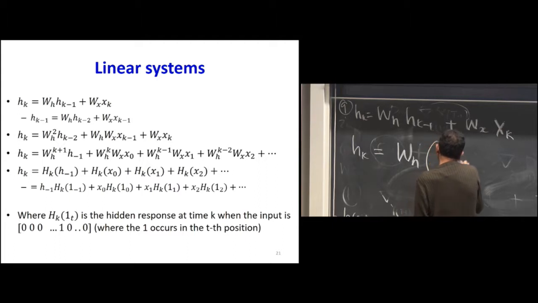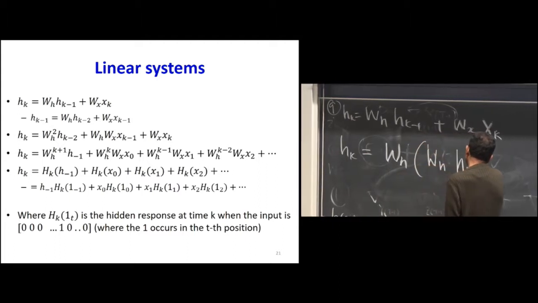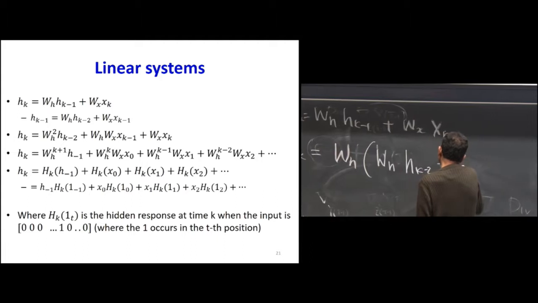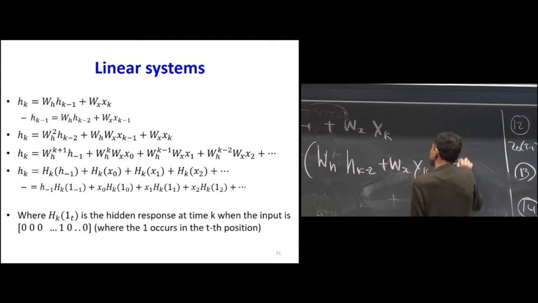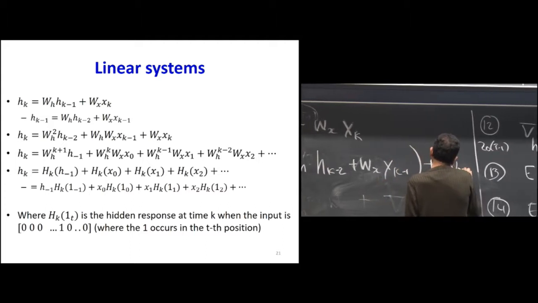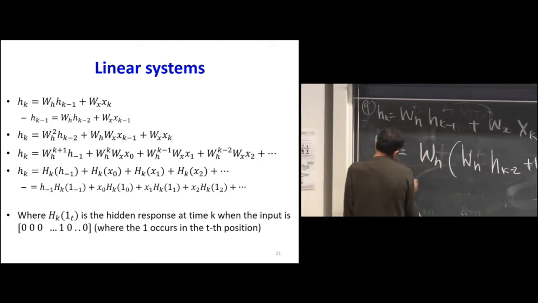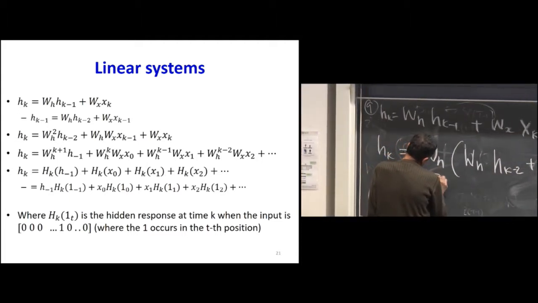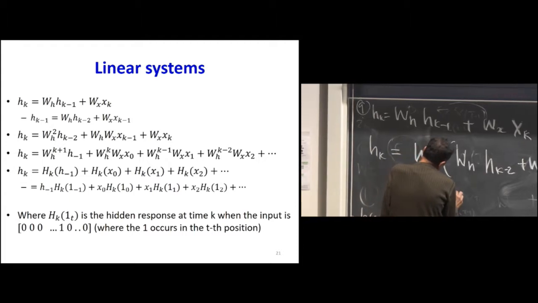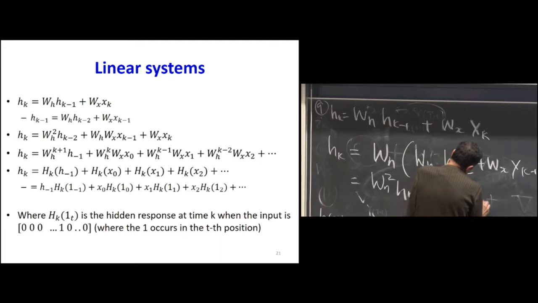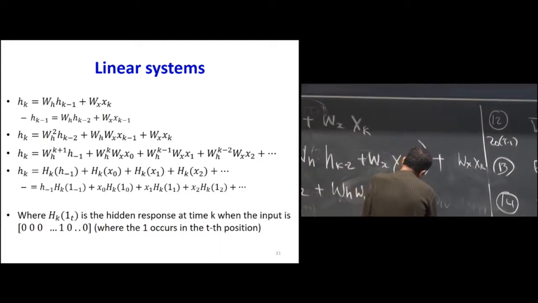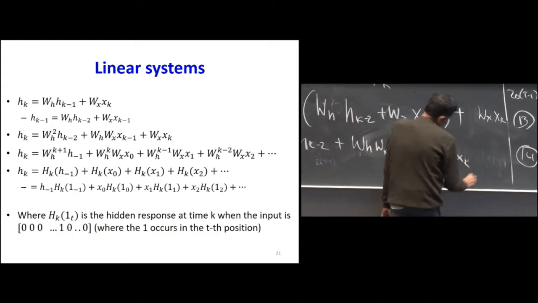So what would it be? That's going to be WH hk minus 2 plus WX xk minus 1, plus WX xk, right? Which, if I write this out, is going to be WH squared hk minus 2 plus WH WX xk minus 1 plus WX xk.